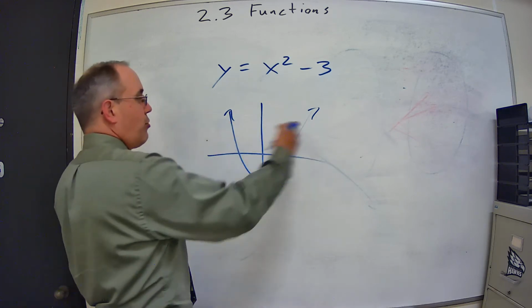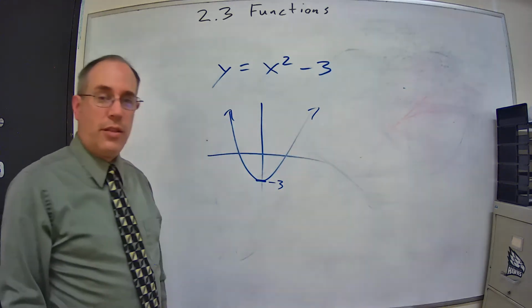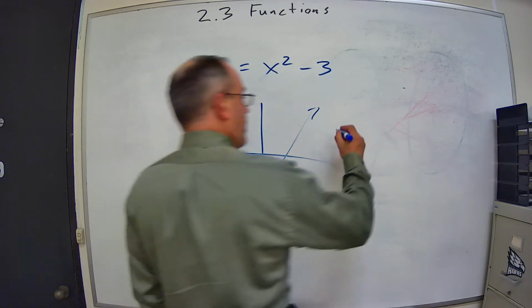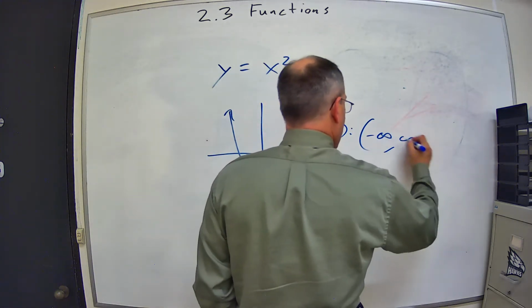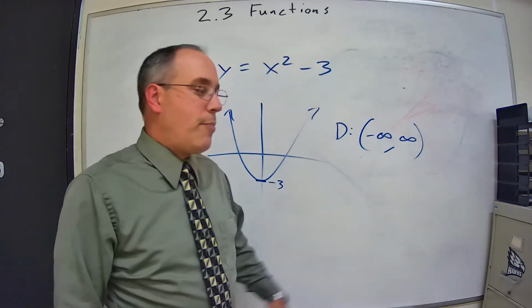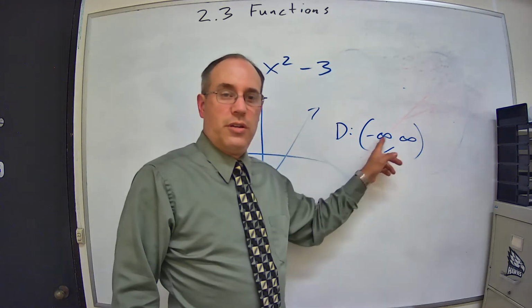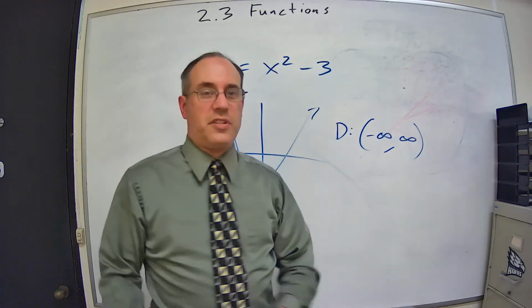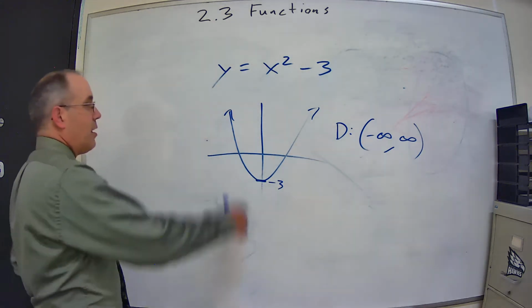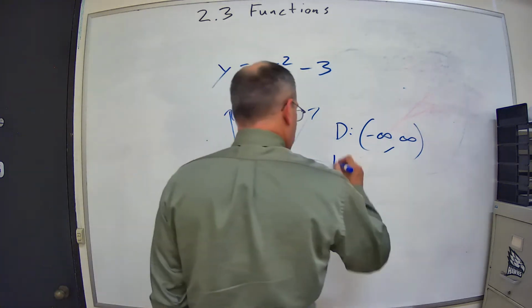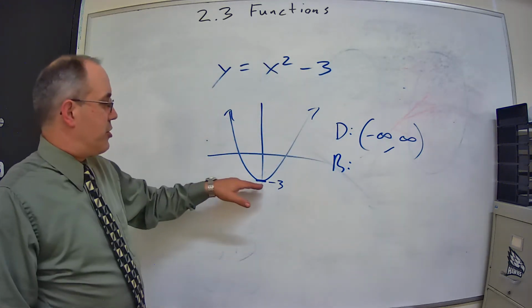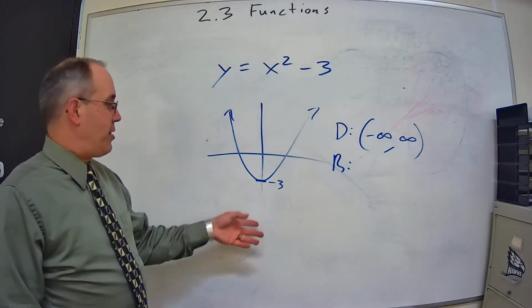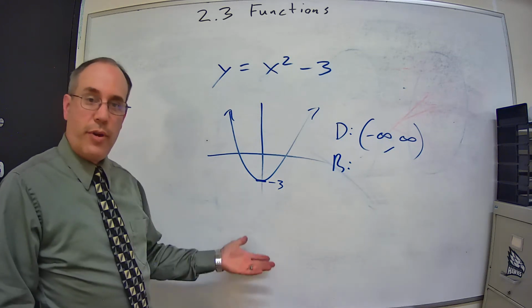Well, it goes on forever to the right and to the left. So the domain is from negative infinity to positive infinity. Remember, you never include infinities. They're always exclusive since it's just a concept. And the range starts at negative 3, right? There's no value below negative 3.